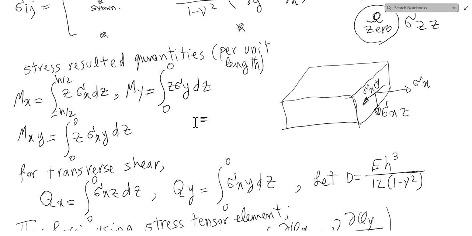Continuing, I wrote these down to save some time, but I will go through explaining. We integrate the stresses along z, the thickness of the plate, from minus h over 2 to plus h over 2, meaning from top to bottom because our z axis is in the downward direction, and multiply by z for the normal stresses, and similarly for z sigma y.